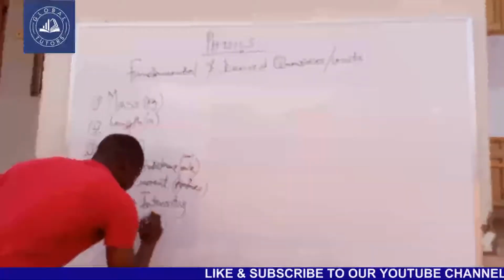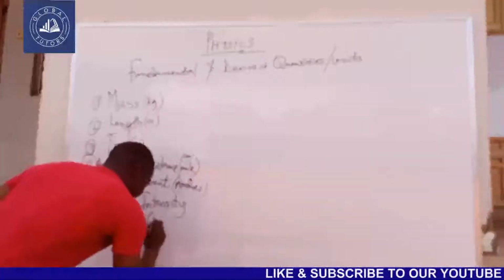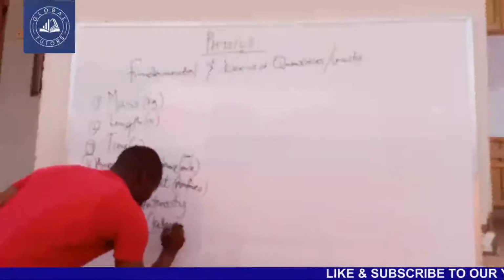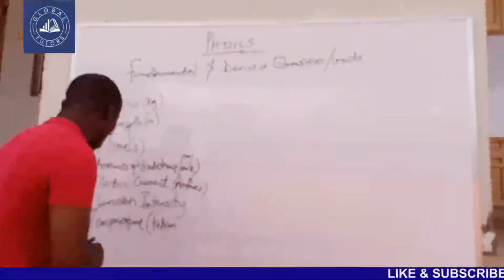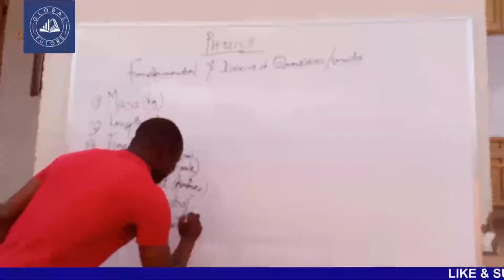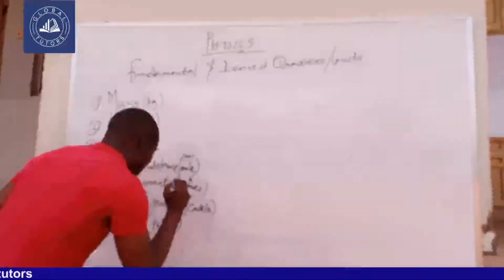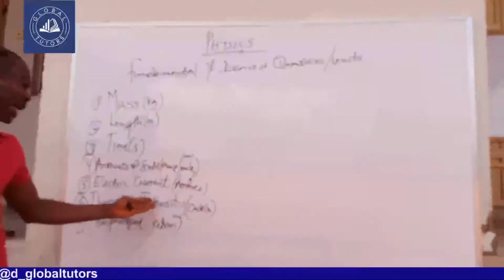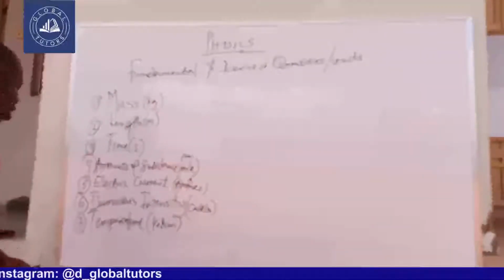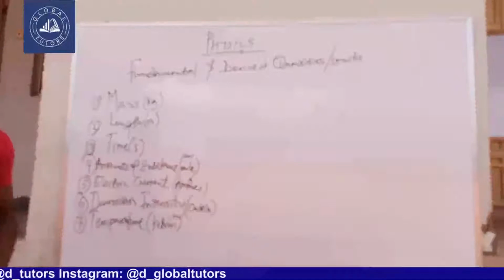And the unit of temperature is in Kelvin. The unit of luminous intensity is candela. These are the SI units of all these basic quantities.